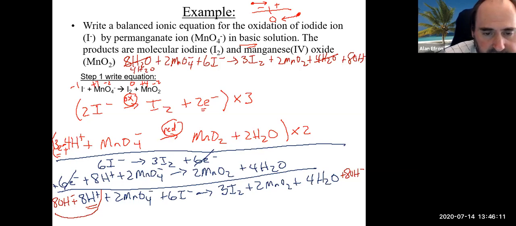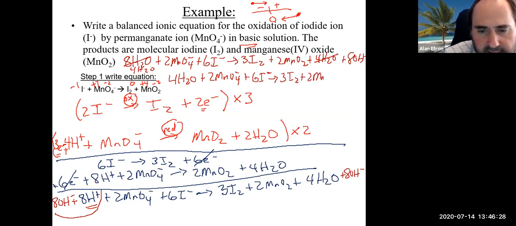and that basically leaves us with the actual balanced equation, which would then be 4 waters plus 2 MnO4 minus plus 6I minus goes to 3I2 plus 2 MnO2 and 8 OH minuses.